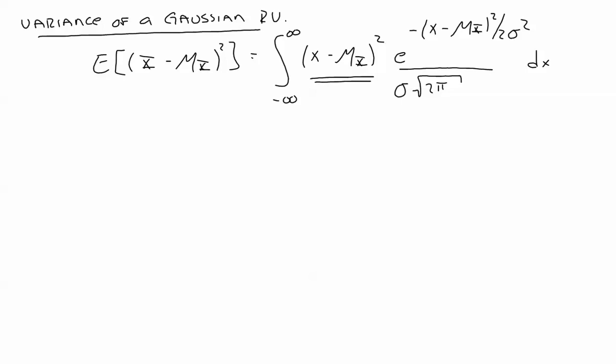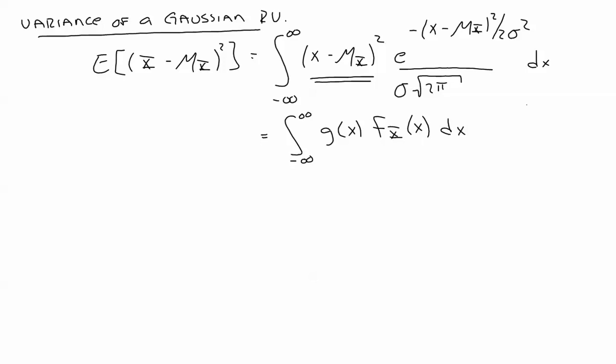I find the mean of a function of a random variable by doing this. All right. Find the mean of a function of a random variable by integrating over all possible values the product of the function times the probability density function. My function in this particular case is x minus mu of x quantity squared.